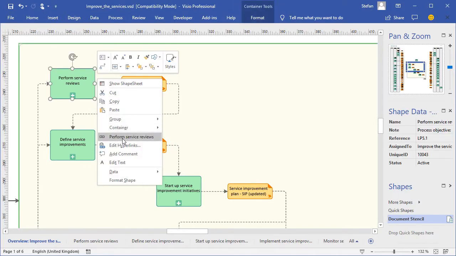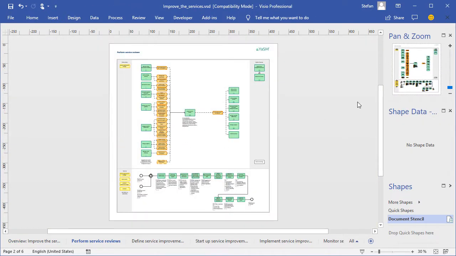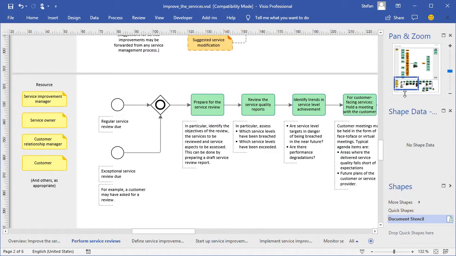Again, we have an additional level of detail for each sub-process in the form of a swim lane diagram, such as this one describing the recommended steps for performing service reviews. Prepare for the service review, review the service quality reports, identify trends in service level achievement, and so on. I hope you will agree that this is not too difficult to understand and is the perfect base for introducing an improvement process in your organization.